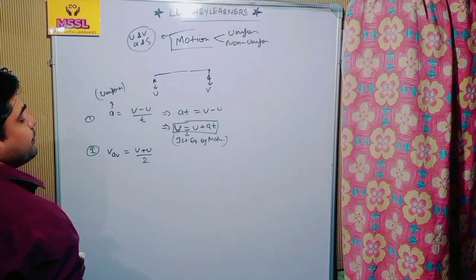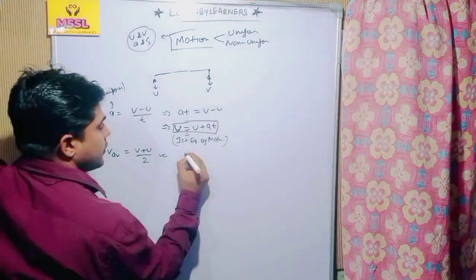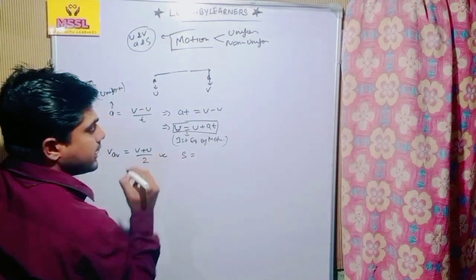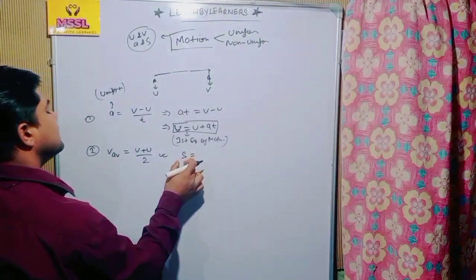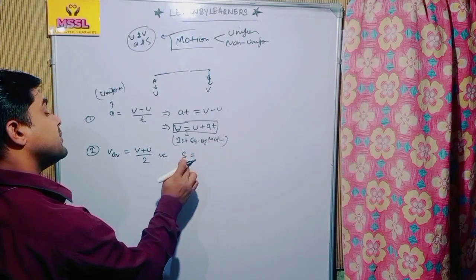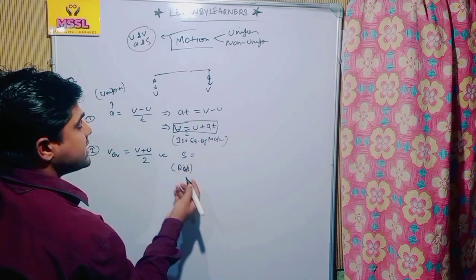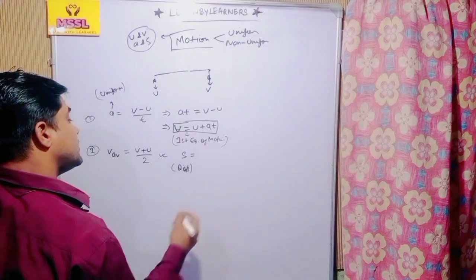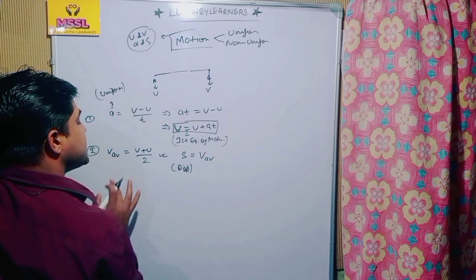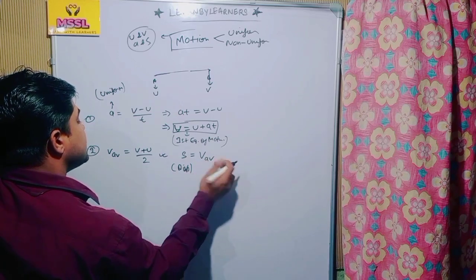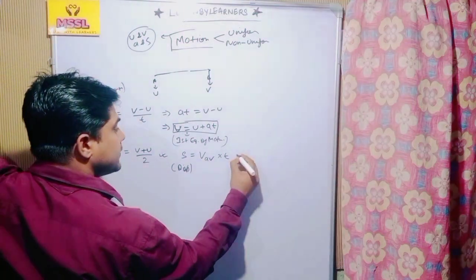Now another one: displacement. What is displacement? We have to use this, so let us use it: displacement equals average velocity times t.